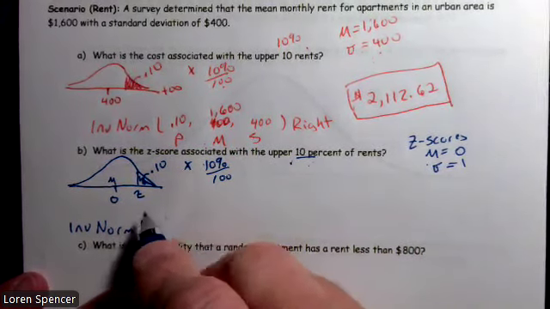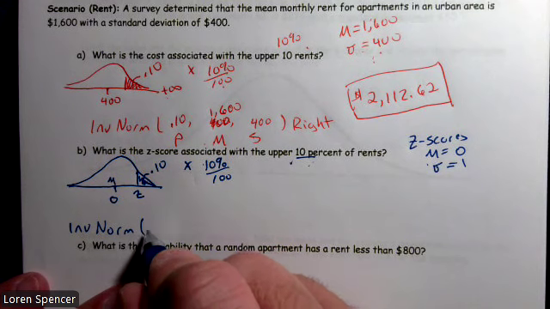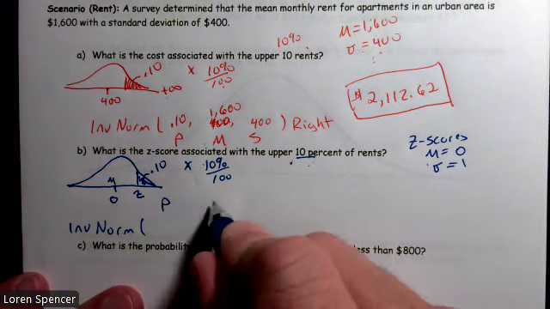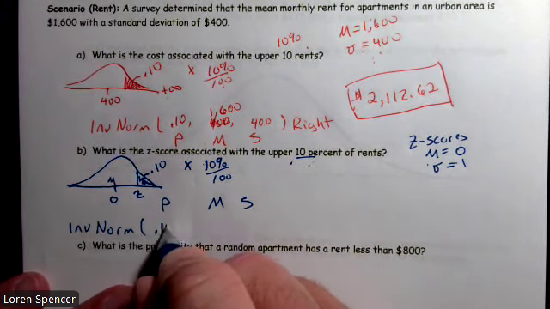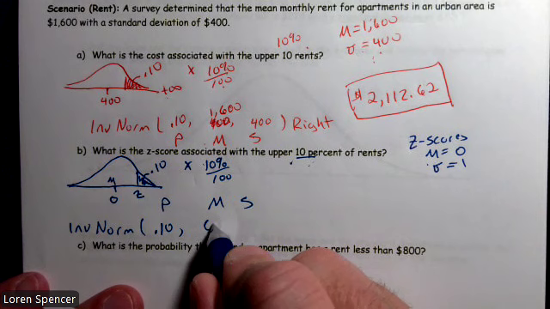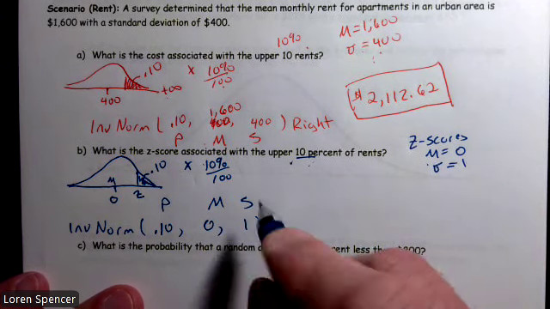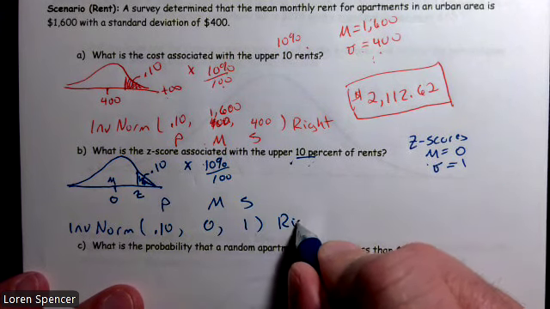So for the z-score, lower our area, because remember, it's our PMS. Our probability or percent is 0.10. Our mean for all z-scores is 0, and our standard deviation is 1. We shaded from the right.